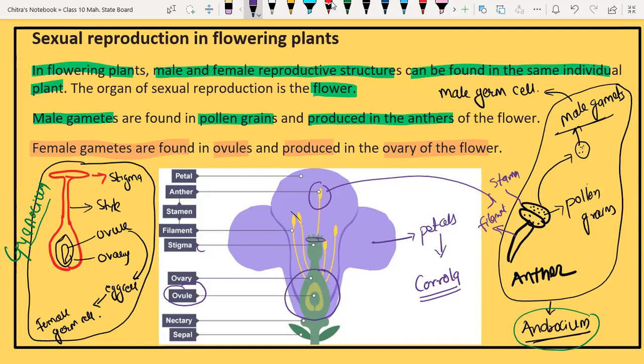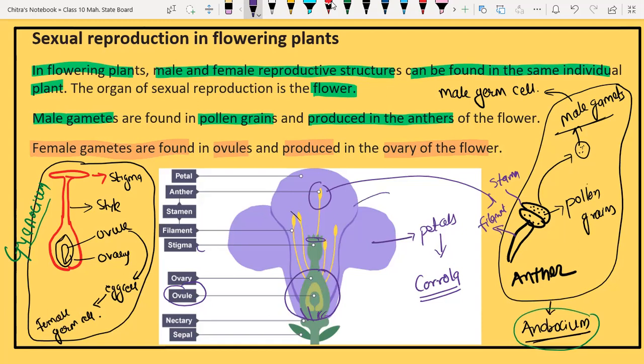And here we have the nectary part. Here a sweet, watery sugar substance is released, which also has fragrance, by which insects get attracted toward the flower to suck nectar.